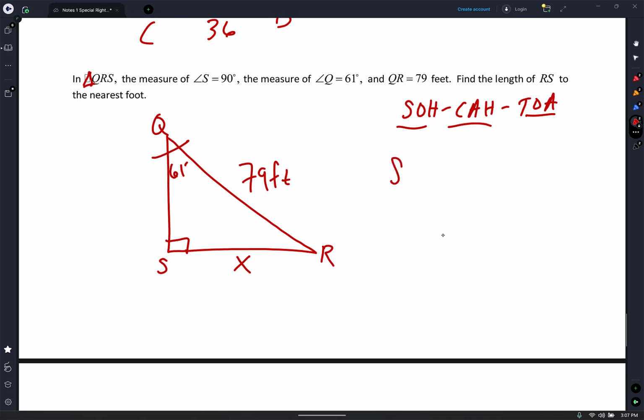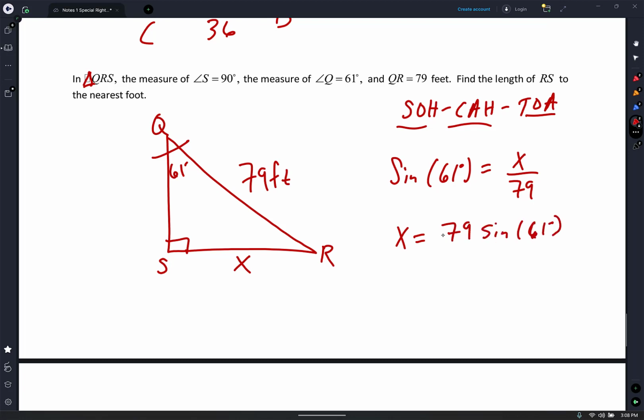So you write sine of 61 degrees is equal to opposite x over hypotenuse 79. If you did a lot of this with forces in physics, this already looks familiar. I want to get x by itself, so multiply by 79 to get rid of that denominator. So x equals 79 sine 61 degrees.